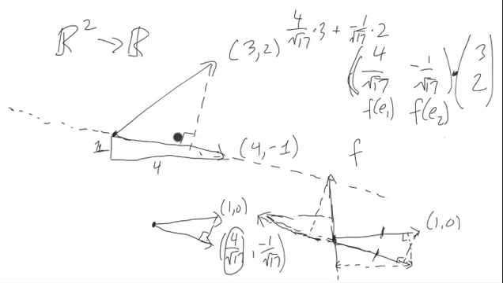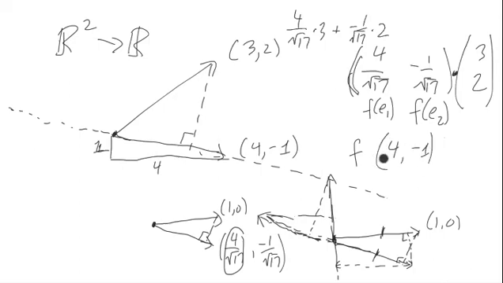Now, one nice thing about this dot product, this projection function right here: if we were to multiply this back to the actual vector that we had, like 4, negative 1, this is just a rescaling.